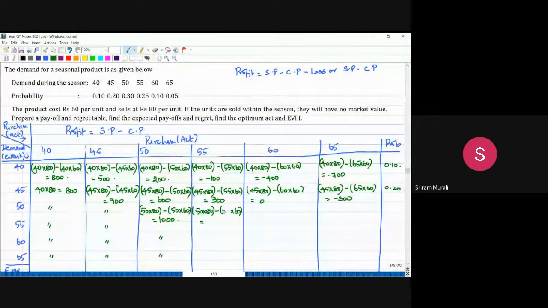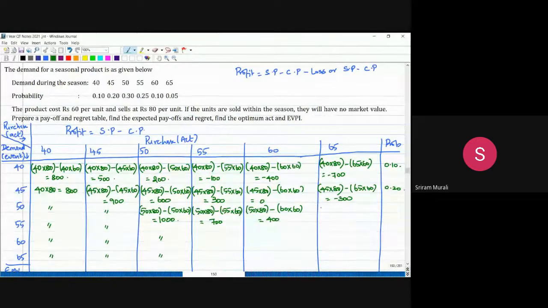This is 55 into 60, because purchased is 55. So this is equal to 700. Whereas this one will be 50 into 80 minus 60 into 60. This is equal to 400.